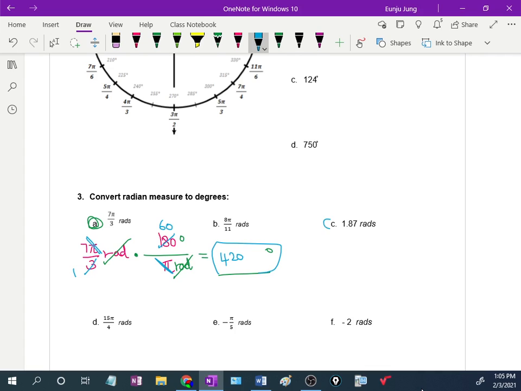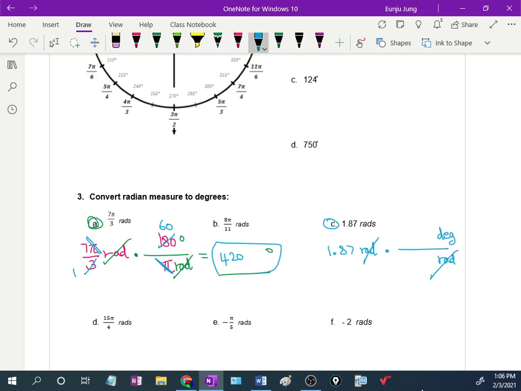Okay, let's do one more time. This problem doesn't have a pi in it, but it is okay to have a real number with the radian, okay? So if I change 1.87 radian to degrees, I need to multiply by radian in the denominator, so we can cancel it out, and I need to put degree on the numerator, right?